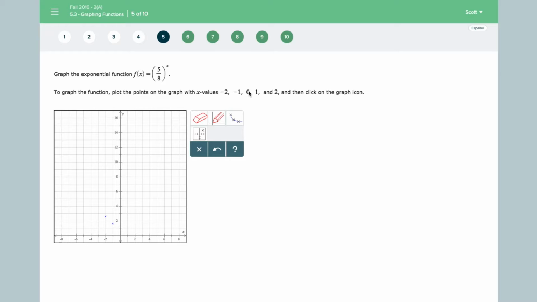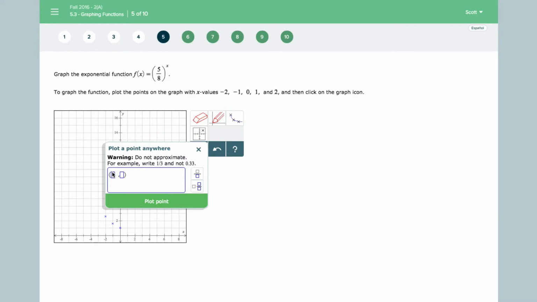Okay, anything to the 0 power is automatically 1. So when I do 0, 1, there we go. Now if I plug in a 1, anything to the 1 power stays itself, so 5/8. So I'm going to do 1, comma 5 over 8.